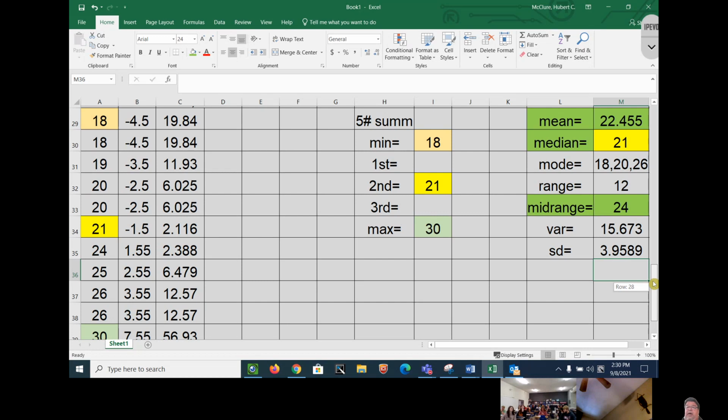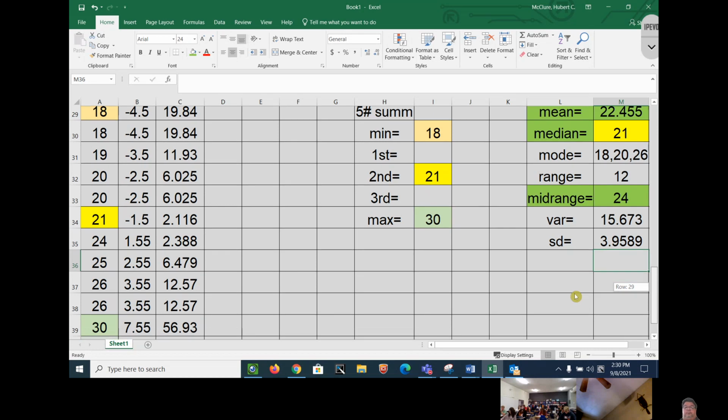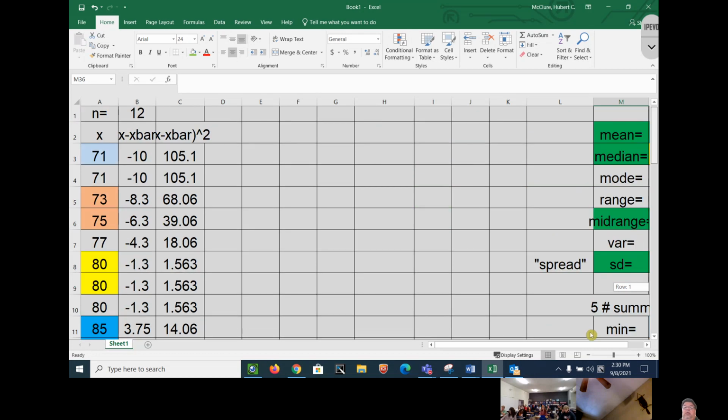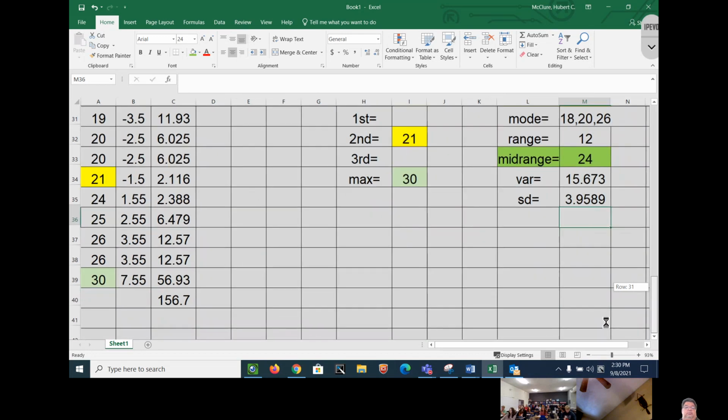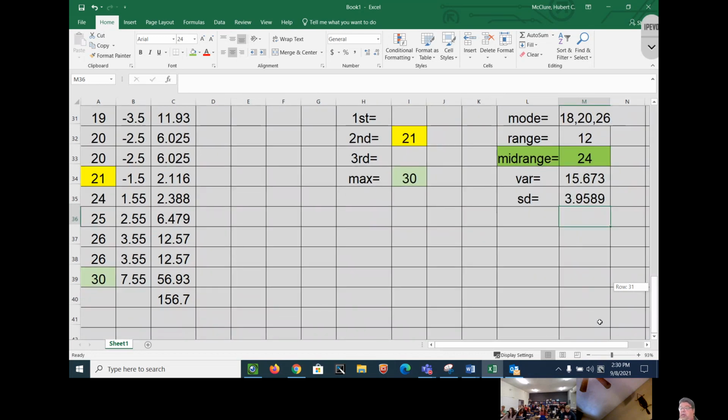So I can take my empirical rule now. My mean is, well, my computer.